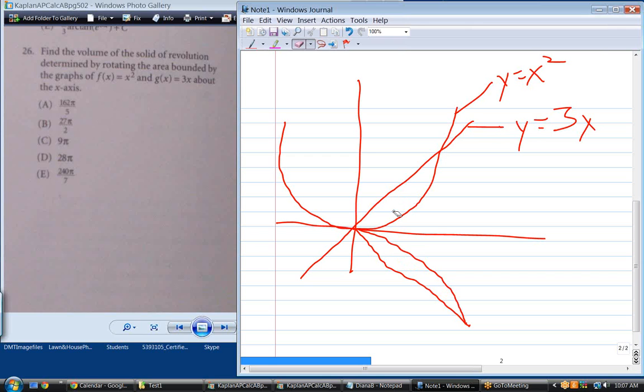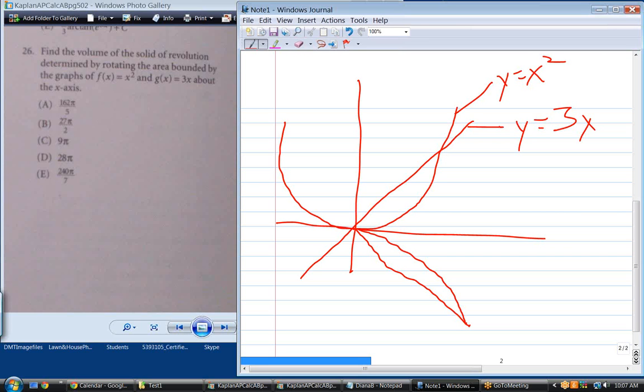Remember that when we do volumes of solids of revolution, we usually use what shapes to chop it up into? Rectangles. No, we use washers, or we use discs. Sorry, I don't remember the formula exactly. That's okay. We'll go over it here. There's three kinds of objects you can use.